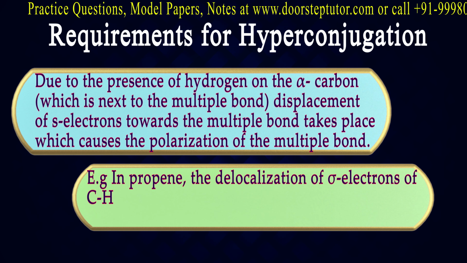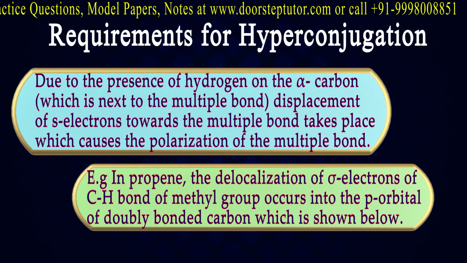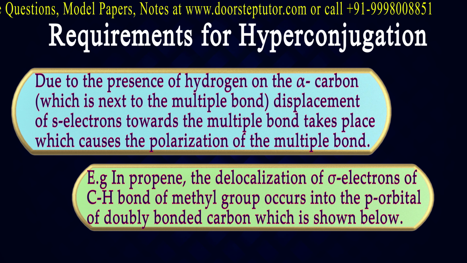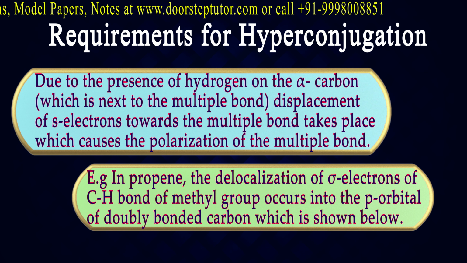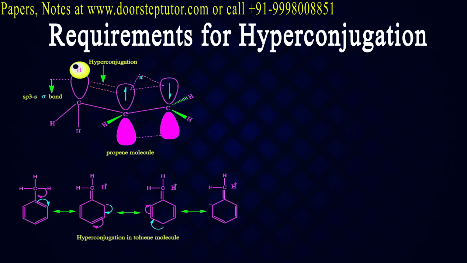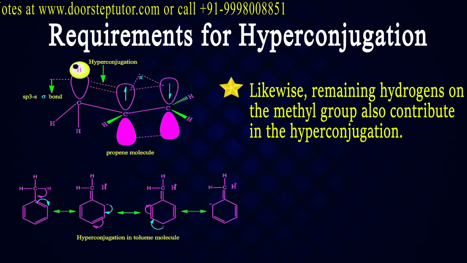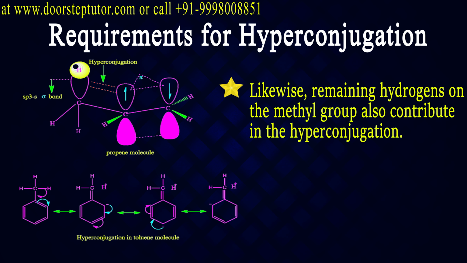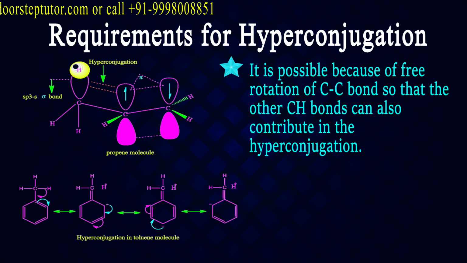In propene, the delocalization of the sigma electrons of the C-H bond of the methyl group occurs into the p orbital of the doubly bonded carbon, which is shown in the following structure. In this structure we can clearly see that the remaining hydrogens on the methyl group also contribute in the hyperconjugation, and it is possible because of free rotation of the carbon-carbon bond, so that the other carbon-hydrogen bonds can also contribute.